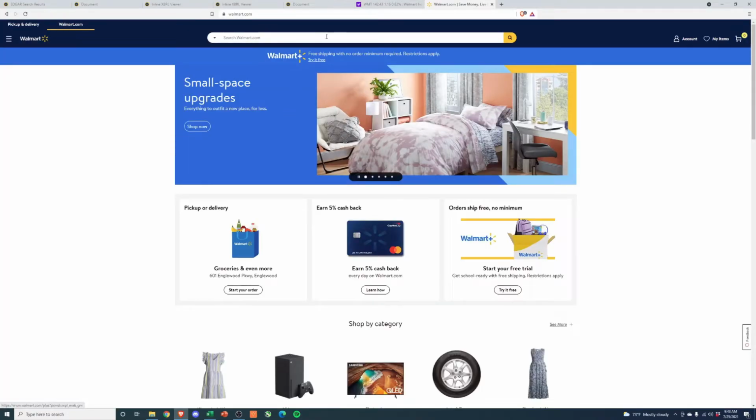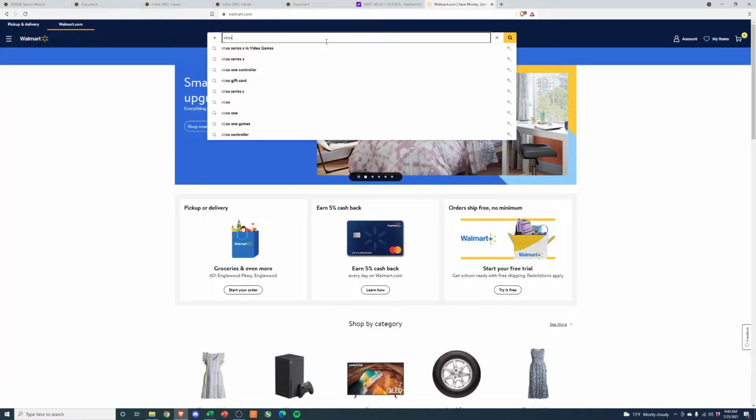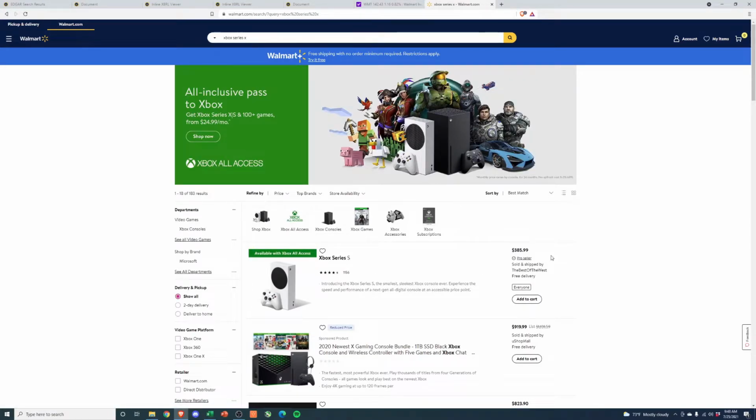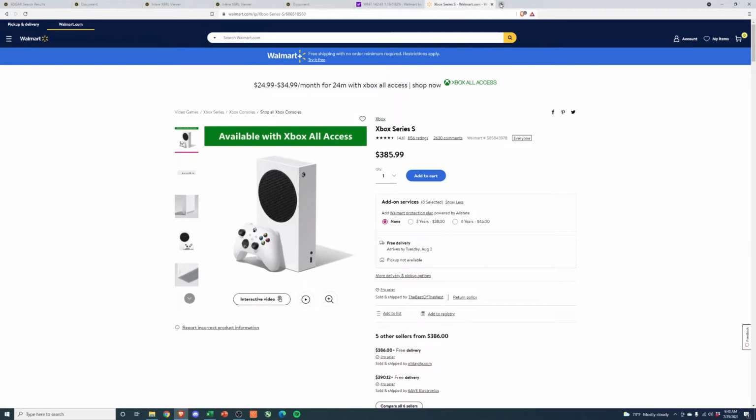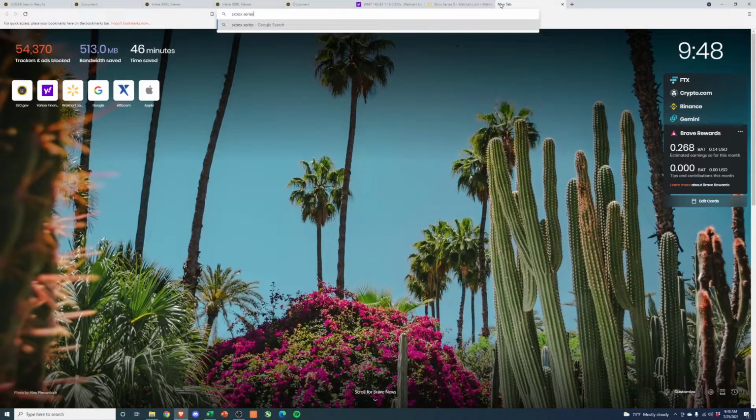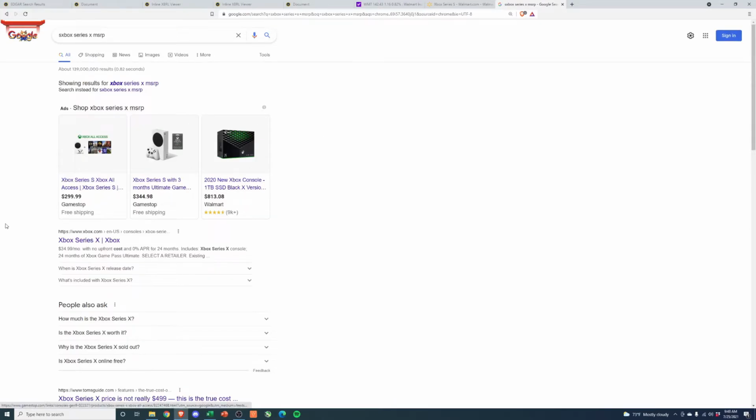Let me just type in Xbox Series X. You'll see it says they have it for $385. But if you look at it, the MSRP on this is $300.